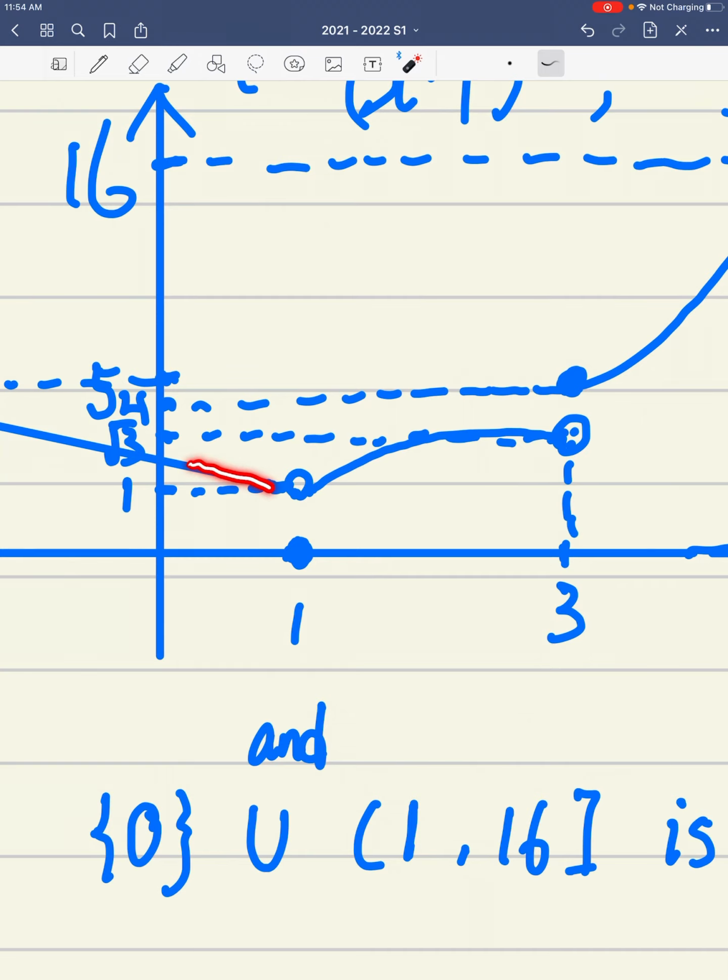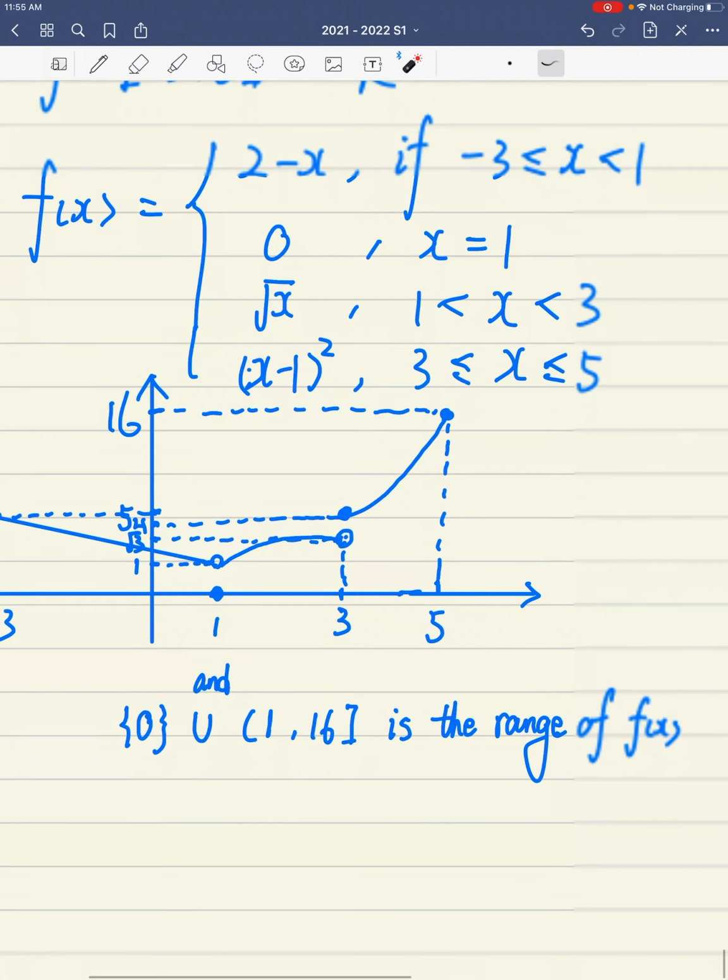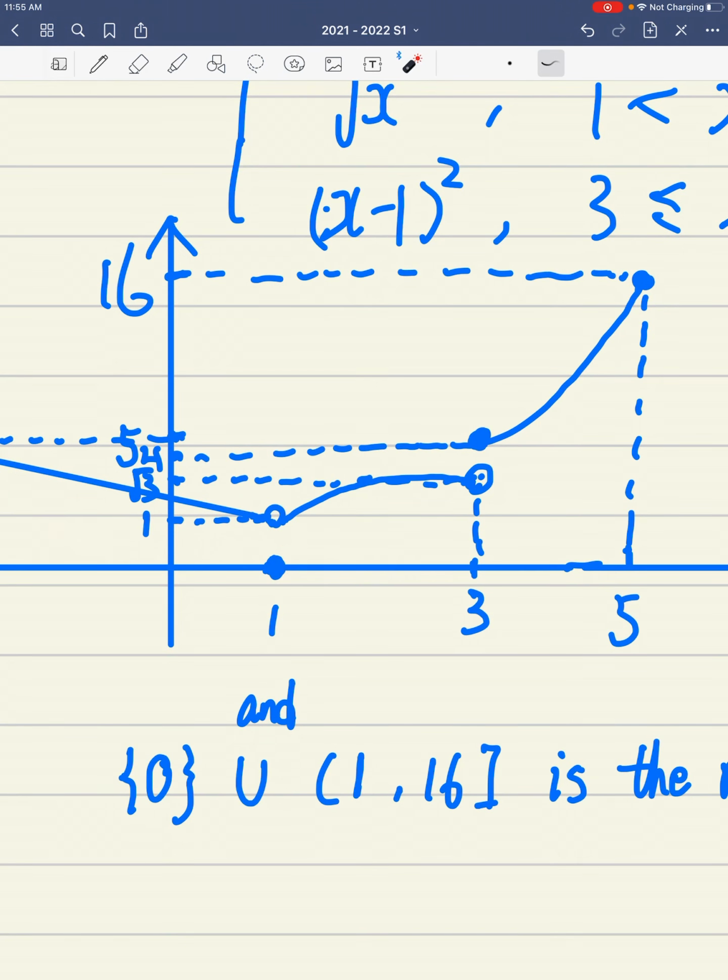You can see it's moving in this direction. When x is closer and closer to 1, your y is closer and closer to 1 as well. It's not 0.